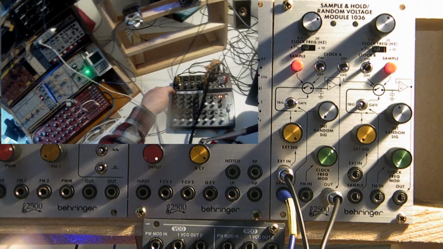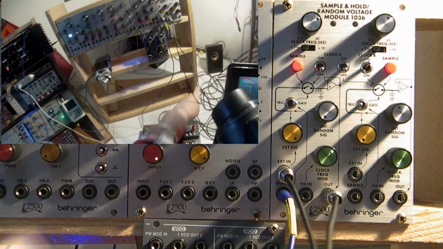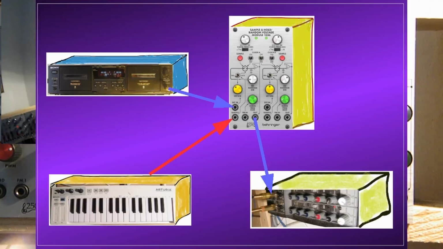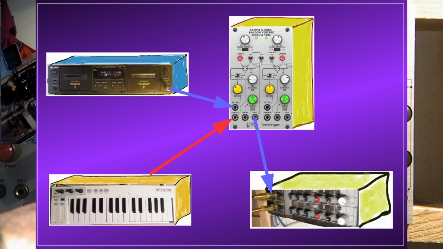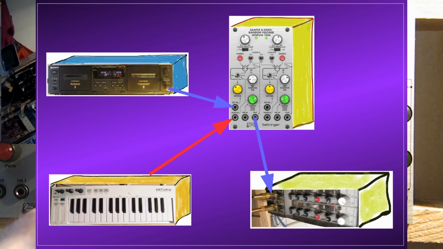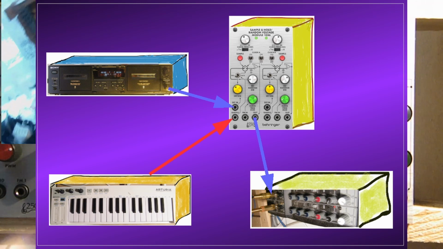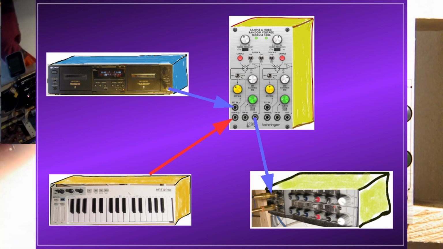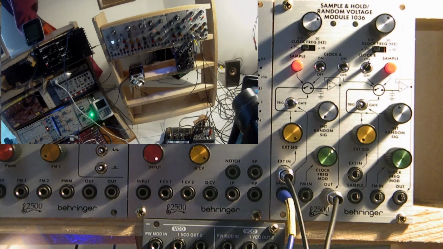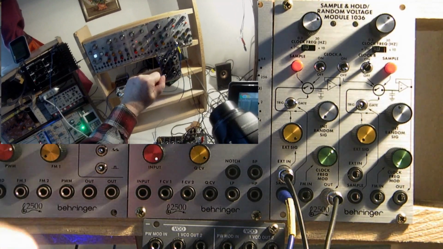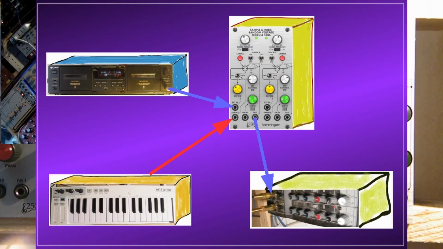Don't bother about these wrong labelings here. So once again, tape deck into sample and hold unit where it serves as sample source, triggering the sample from my Arturia KeyStep, and the output does not go into any module to modulate pitch or filter frequency, but goes directly into the main studio mixer.